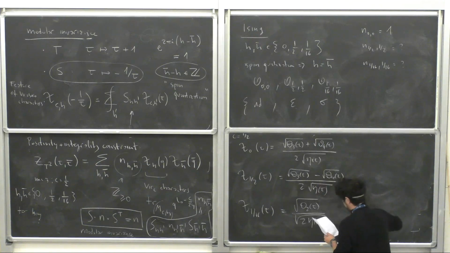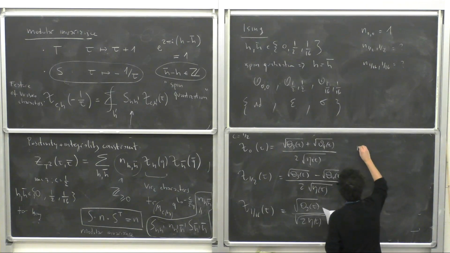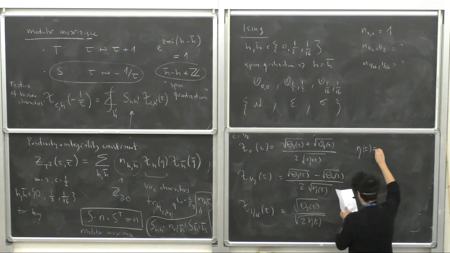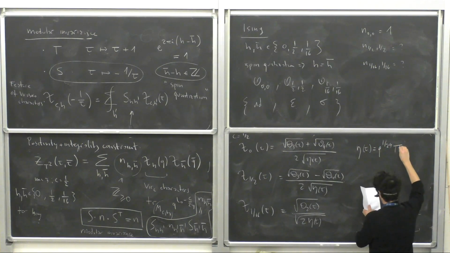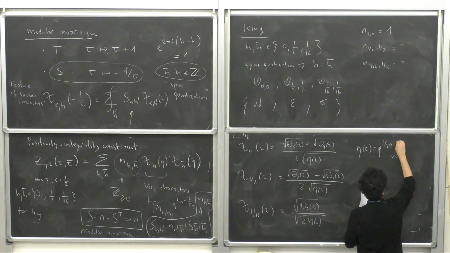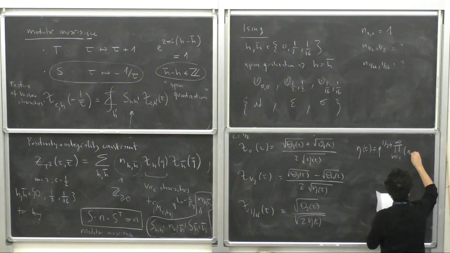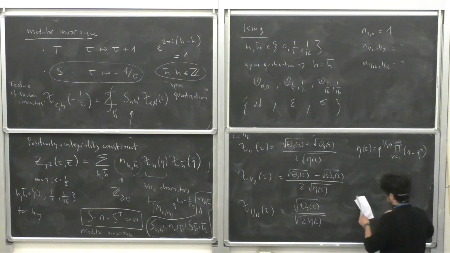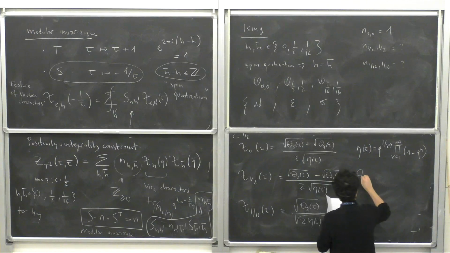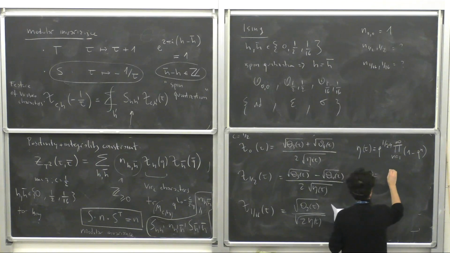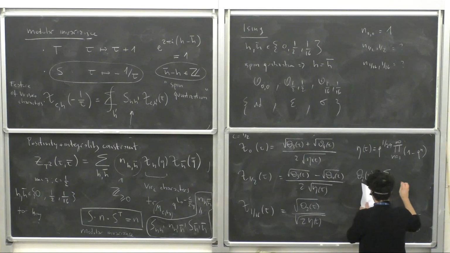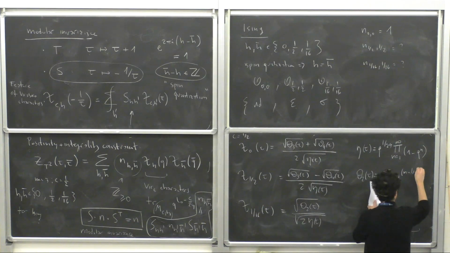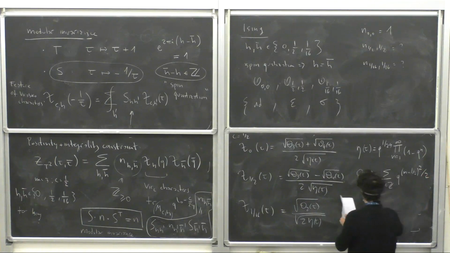Where these are some famous forms, the Dedekind eta function is q to the 1 over 24 times a product over n that goes from 1 up to infinity of 1 minus q to the n. And then there is theta 2. I will just write the sum version of these forms as a reference, and you can look at the Ginsparg notes for more details on how these are determined.